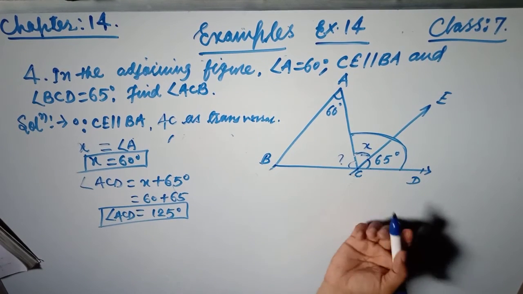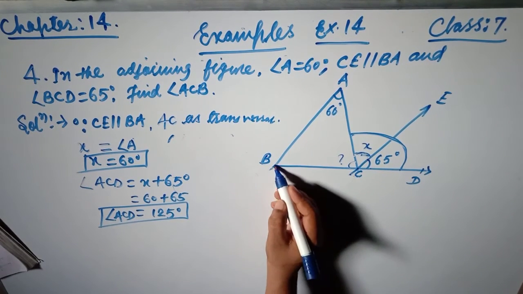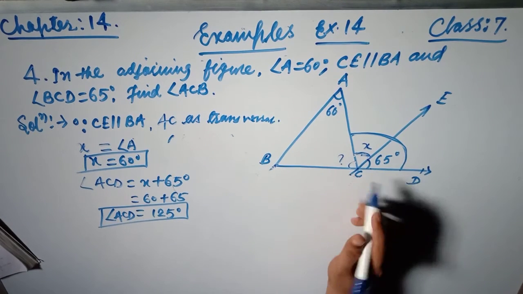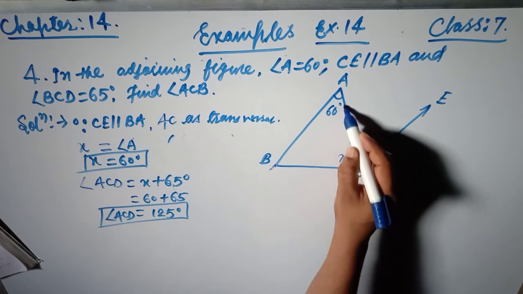Now see friends, suppose BD is the line, and this is the ray.